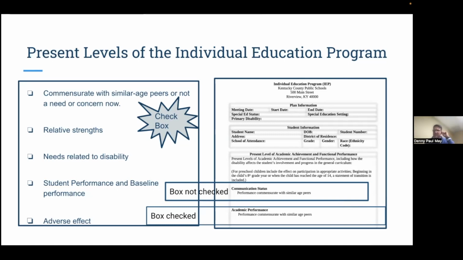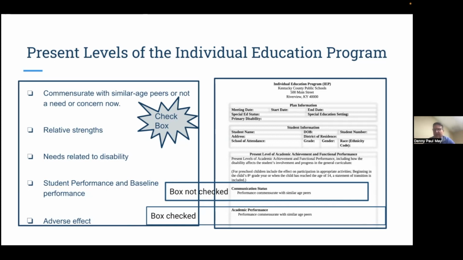And one of the things I think districts sometimes fall into, Brenda, is they get away from really focusing on that eligibility form. That eligibility form is so important. We were looking at eligibility this morning. It is so important to look at that eligibility and discern what the adverse effect of the disability is.